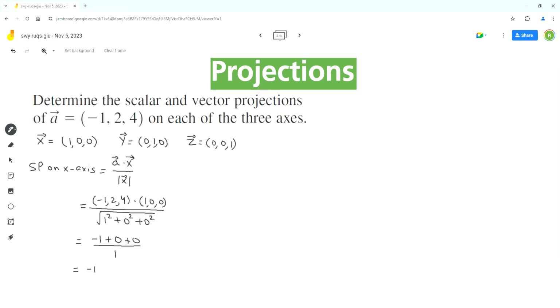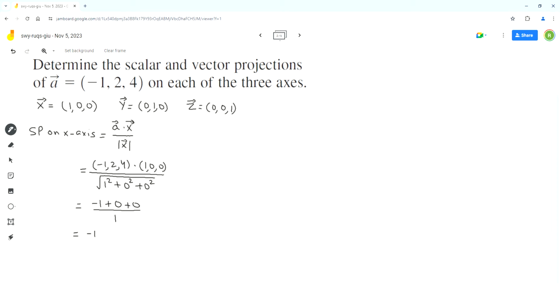Now we can find the vector projection on the x-axis. We can start by writing the formula. Now we can substitute the vectors.